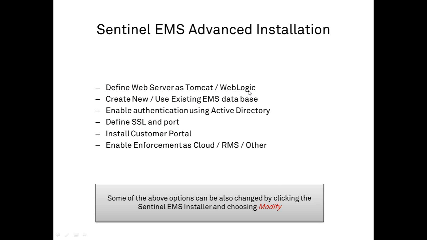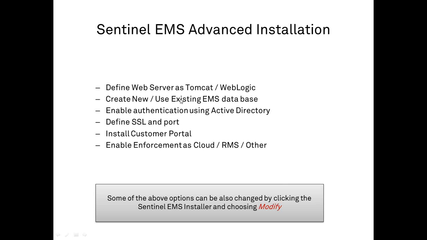The EMS Enterprise is a web application that works on top of a web server. And the web server that we use is either Tomcat or WebLogic, and you are able to define which one of them you would like to be working with. We will see more details about it later on.